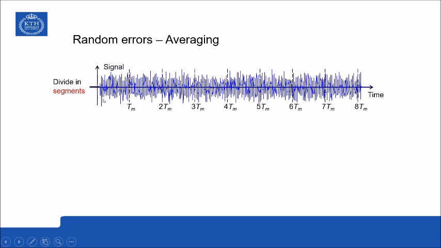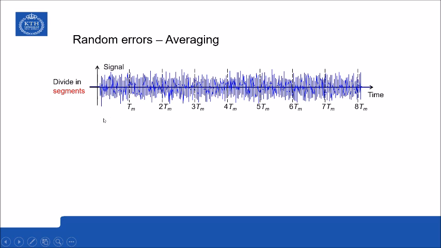So when we take the FFT later on, this Tm will be the new period of the signal. So the frequency resolution after averaging will be 1 over Tm. That is one consequence of averaging, that we cannot have full frequency resolution anymore. So we sort of buy this higher signal quality by losing frequency resolution.